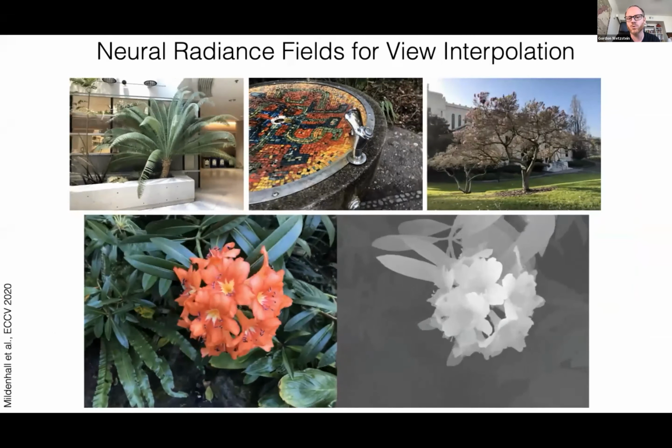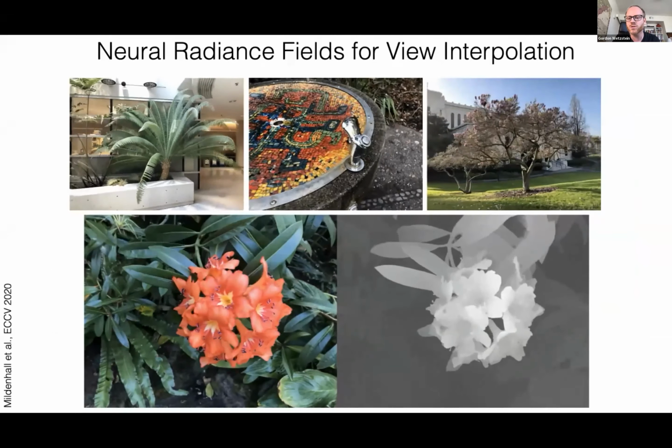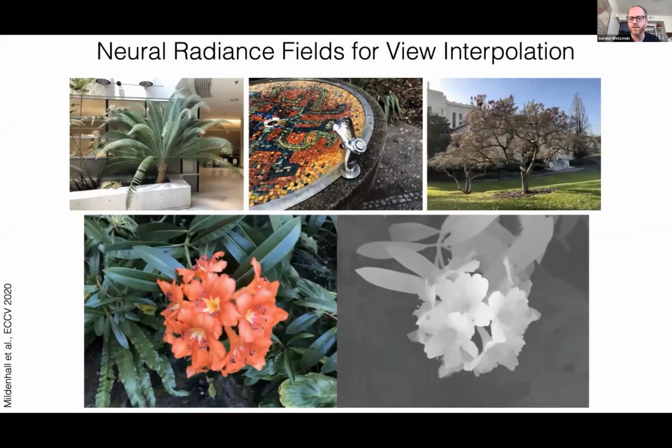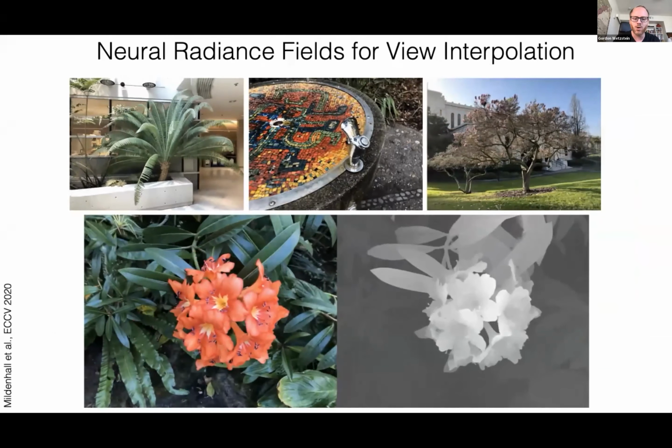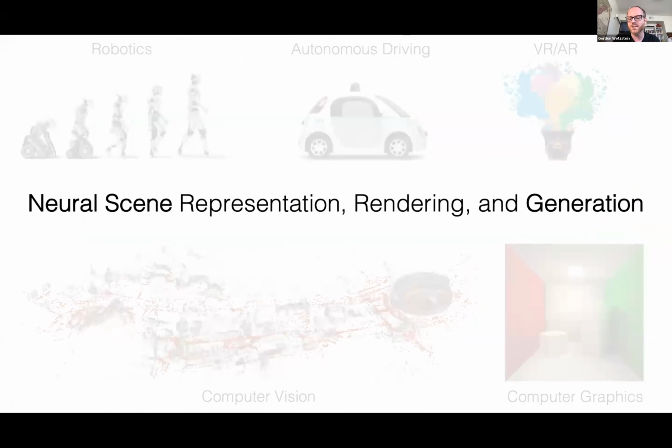Then we can do things like view interpolation and maybe extrapolation. I think the extrapolation part is the more interesting part because you can typically only do it with generative models. All right, preaching to the choir, I don't need to convince you that neural scene representations, rendering, and generation are interesting for many different applications. I just want to dive into the generation part a little bit more.